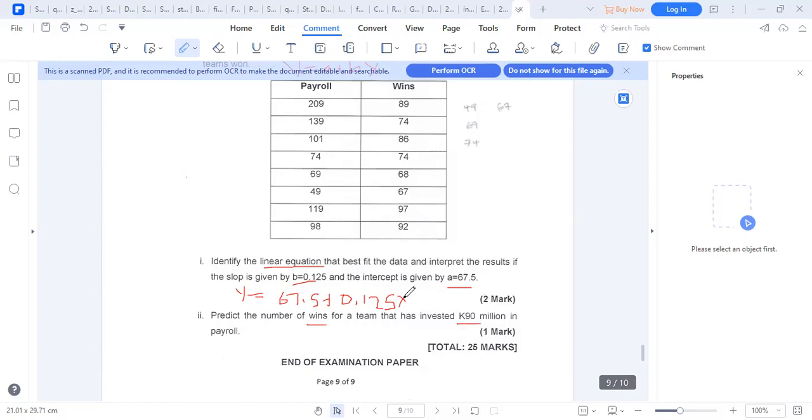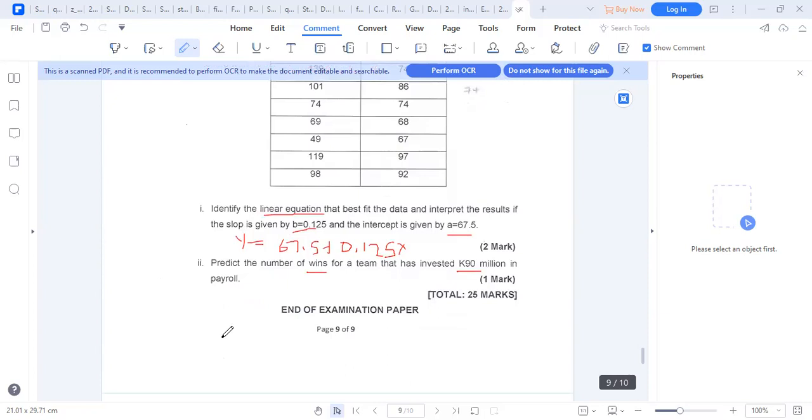So 90 million obviously is the X there. So here you put 90 million. And predict this one. So we just put Y is equal to 67.5 plus 0.125 times 90. Of course, your answer should be in millions. You see, you get your free marks there.